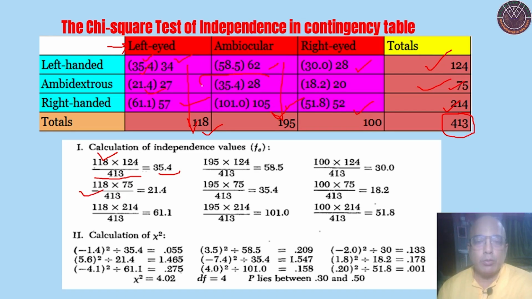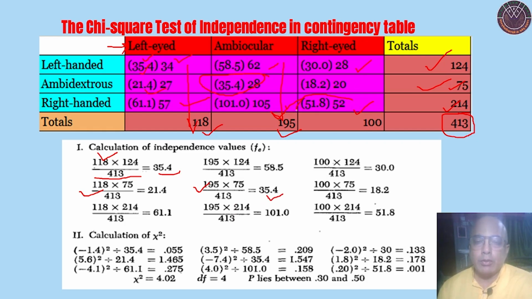Suppose you want the value for the person who is ambiocular and ambidextrous. The row total is 75 and the column total is 195. So 195 into 75 divided by the total gives 35.4.